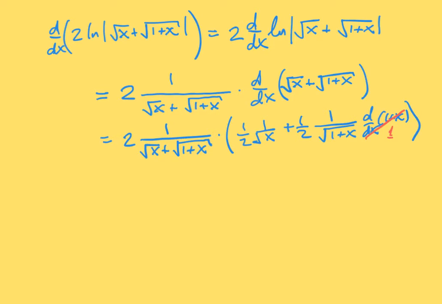So we have the sum of these two roots. We have a half as a common factor for both terms, so the half factor could be brought outside, and it would cancel with the 2 in front, so let's just get rid of them immediately.